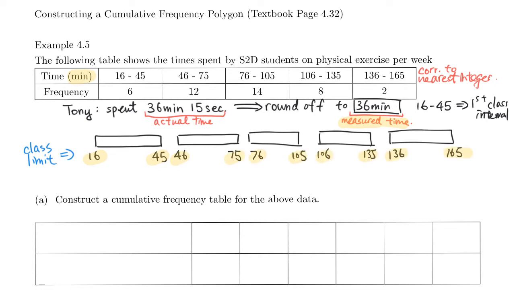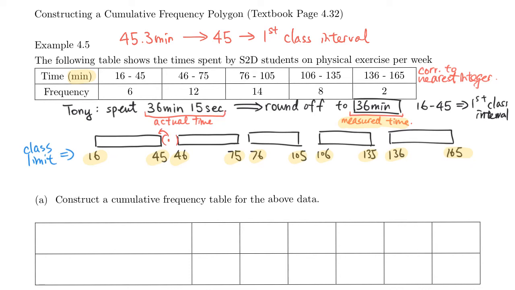But then remember, what happened to the gap? There is some gap here. So what happened to the number 45.3, for example? Remember, for the number 45.3 minutes, you will first round it down to 45. So actually 45.3 here belongs to the first group.